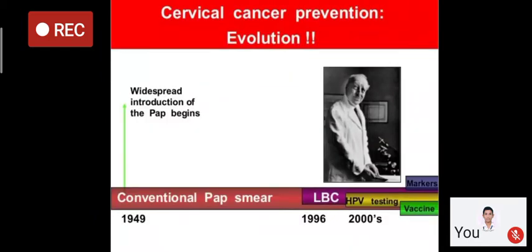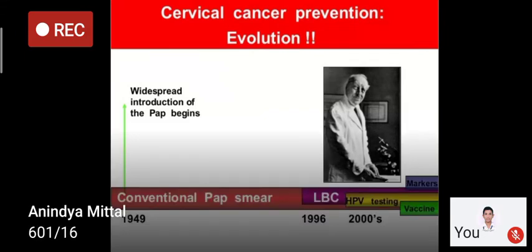Okay. So this is the testing in conventional pap smear. It was started in 1949, and then in 1996 it was replaced by liquid based cytology, which we are doing in our OPD these days.